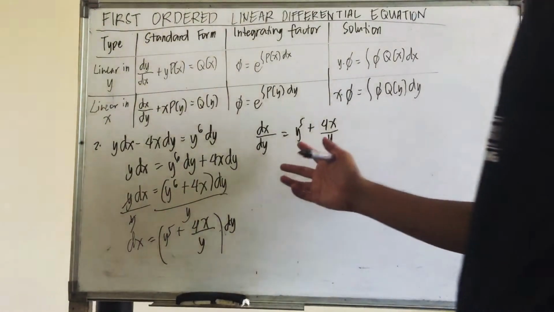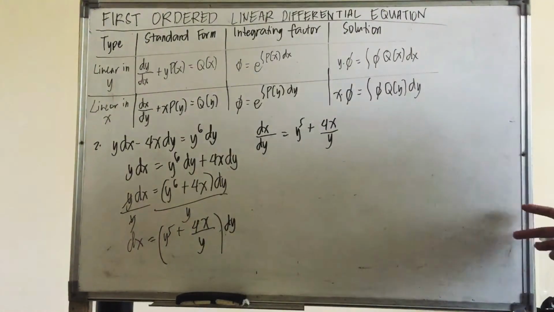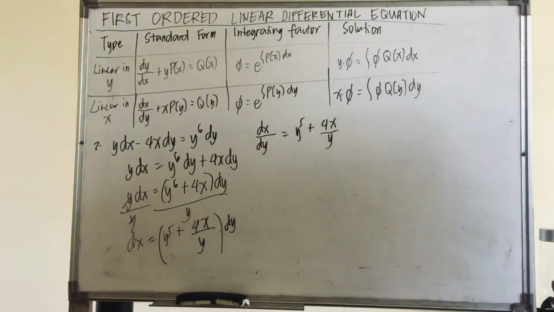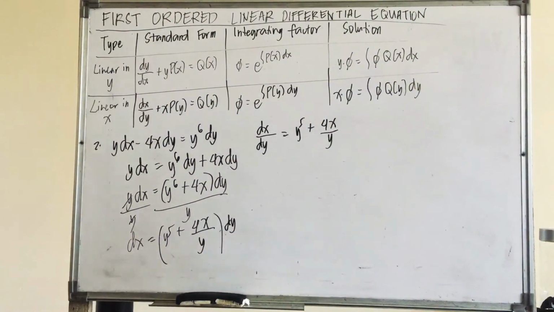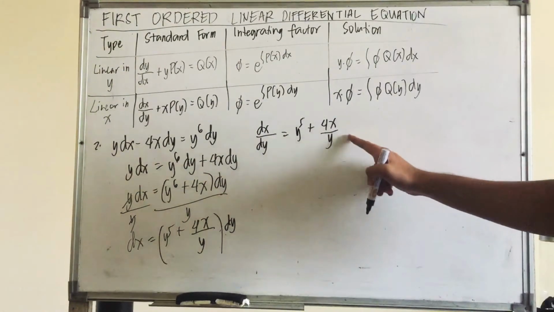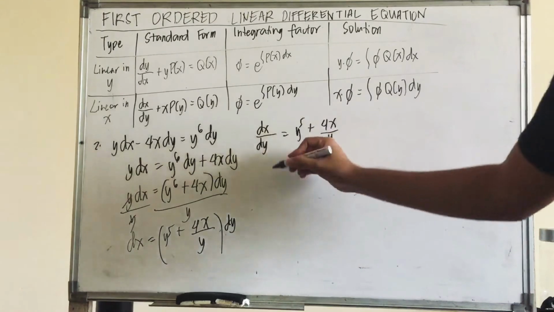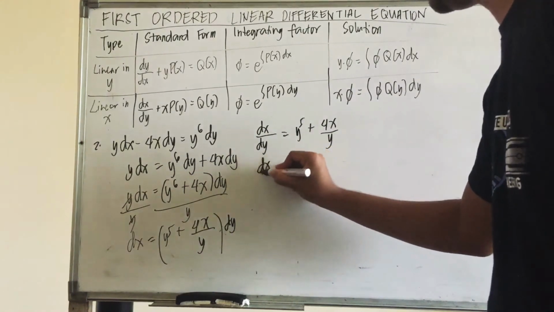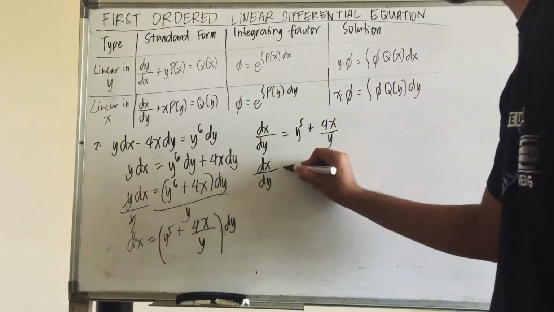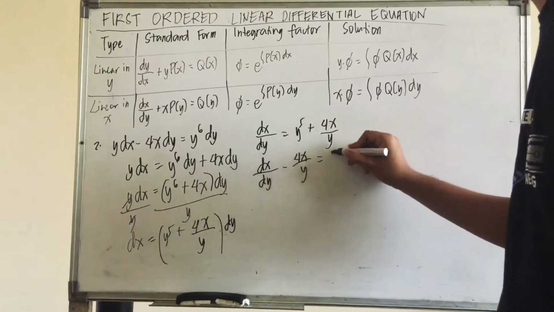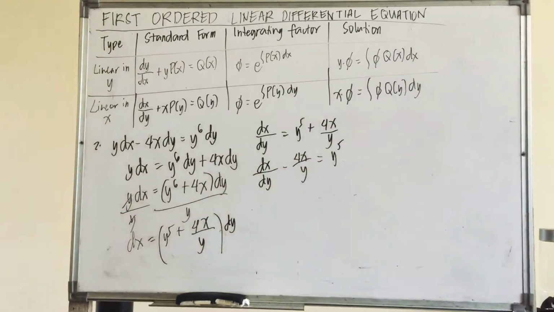So making this a standard form, we transpose the x piece of y. So what's the x piece of y? We have 4x over y. So transpose 4x over y to the other side of the equation. So dx over dy minus 4x over y equals y raised to 5.